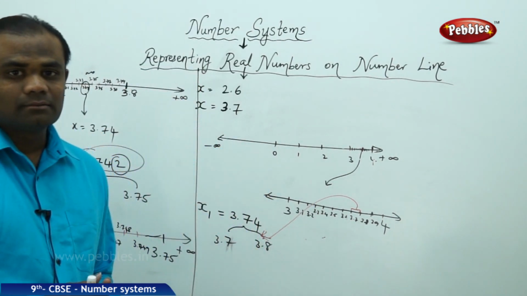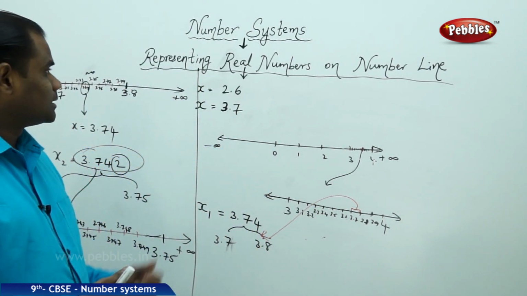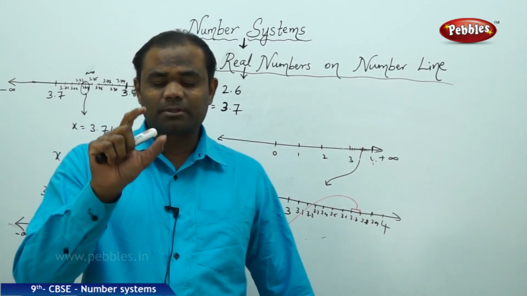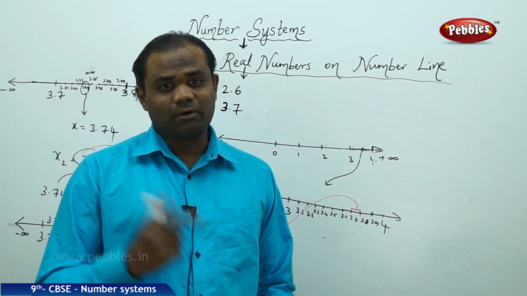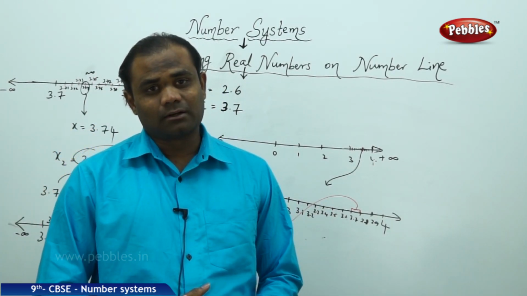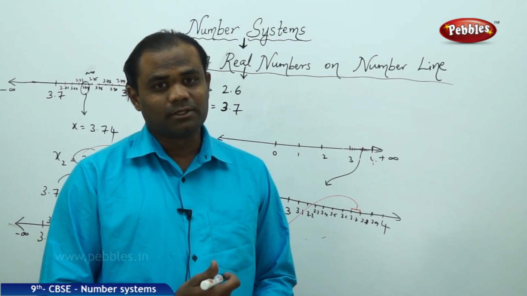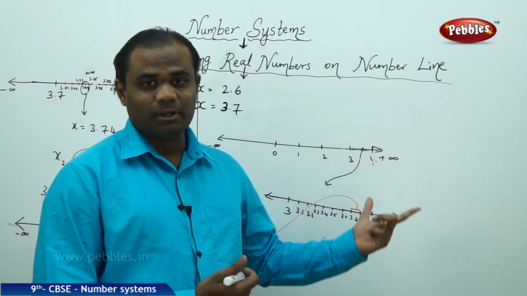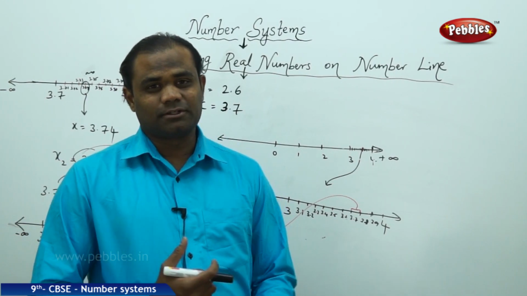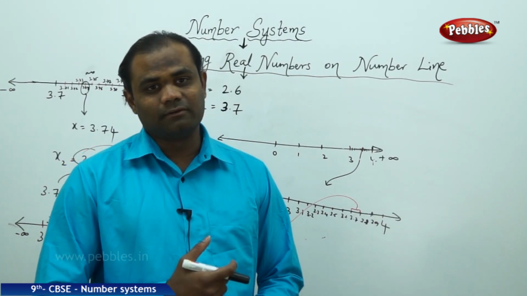Therefore, finally, the learning outcome is that every real number can be represented on the number line, however big the number of decimals is.